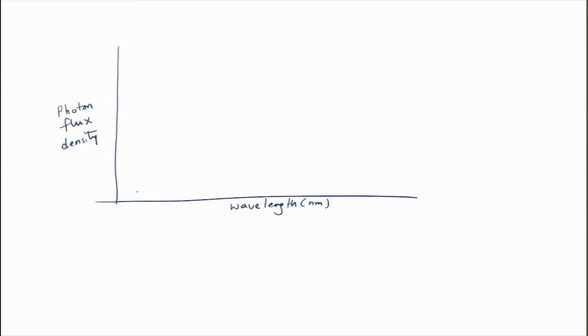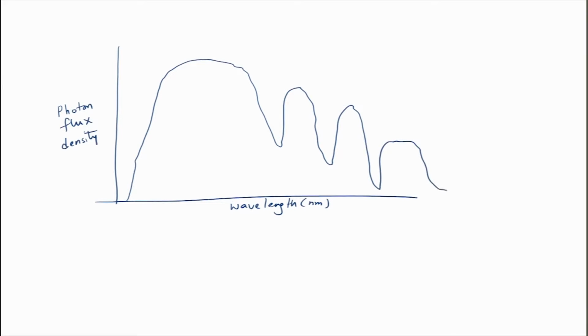So, photon flux density goes as something like that, right, and it goes to higher wavelengths. So, this is your photon flux, and these are absorption bands at different wavelengths. And so, let us say you have a solar cell whose band gap is somewhere here.